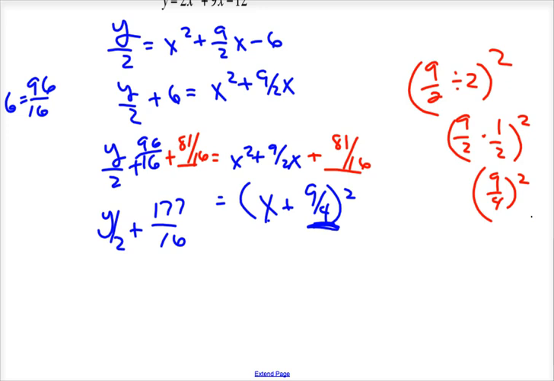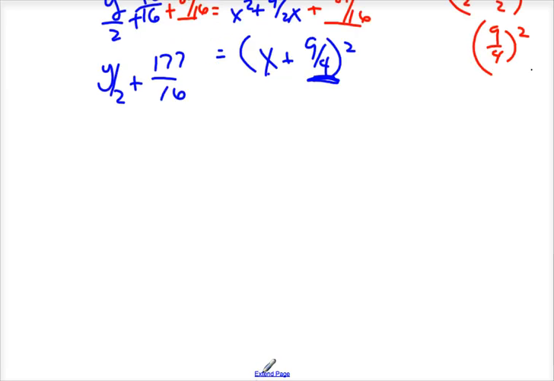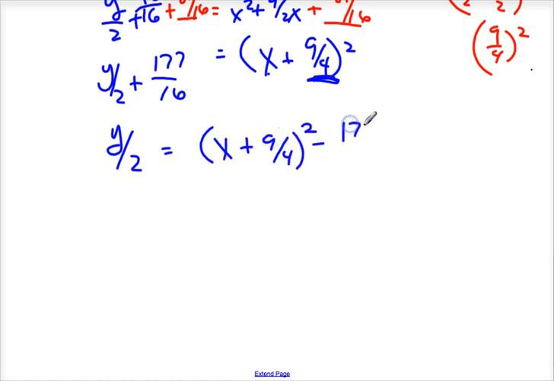Which at this point, I don't know, you got choices. You could kill off the fractions, or you could just bring over the 177/16. I know what's happening here, so I'm going to bring over the 177/16. And then I have to get y alone, so actually I'm going to multiply by 2. If I had killed out the fractions up here, I would have multiplied everything by 16. That would have created an extra step at the end, because I had 8y.